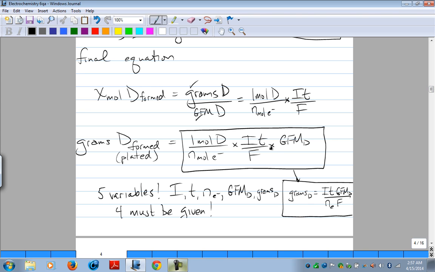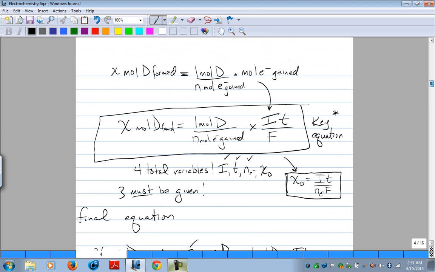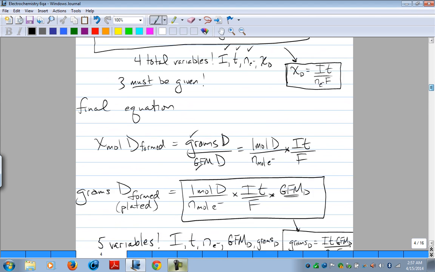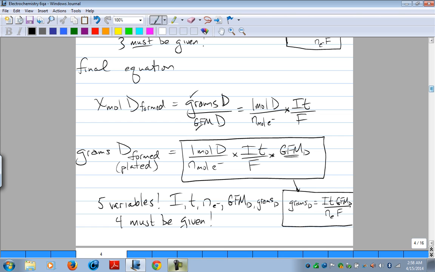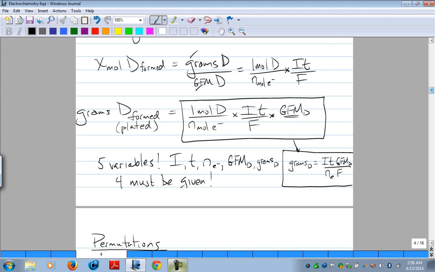And the only other multiplier that's going in there is the molar mass of D. So it's the same formula as the mole formula, and of course moles times the molar mass is grams. You knew that anyway, so you don't really need both formulas. Here you have 5 variables, 4 of which must be given, and it comes down to just that simple formula.